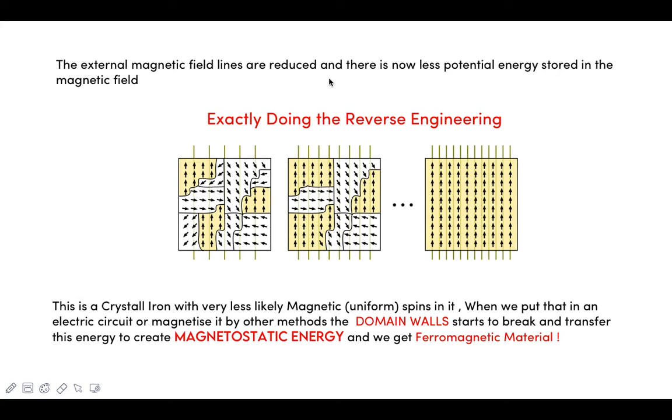Doing the reverse, we can say there's a crystal of iron with very few uniform magnetic spins in it. When we put that in an electric socket or magnetize it by any other method, the domain walls start to break, like from this picture to this picture, and transfer the energy to create more and more magnetostatic energy.